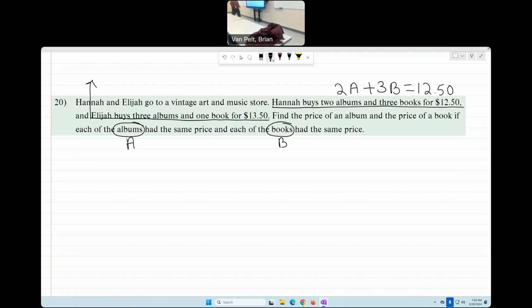Right. All right, so I've got my two equations. Let me go ahead and transfer them down here. And the other one is 3A plus B equals 13.50.